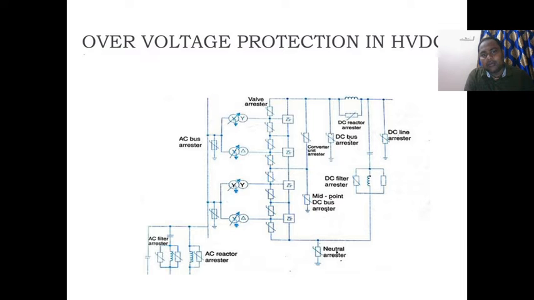Please see the diagram. These are two 12 pulse converter units. One is star to star and star to delta, which is one 12 pulse converter. This is another 12 pulse converter, which also has star to star and star to delta transformers. And why do we provide star to star and star to delta?